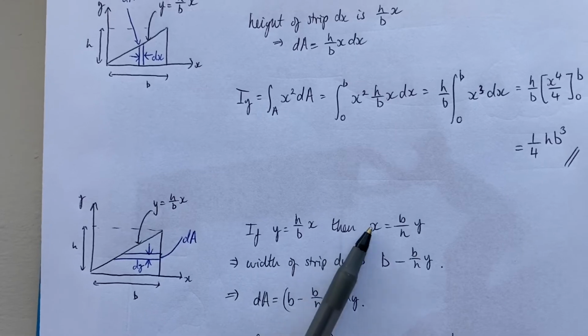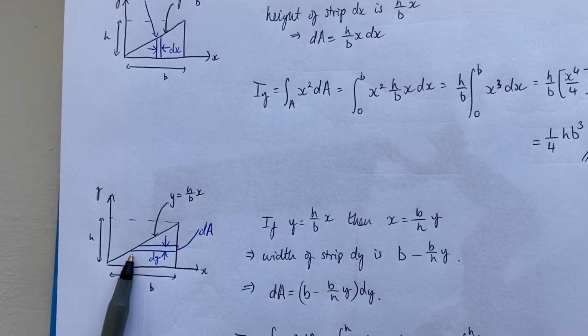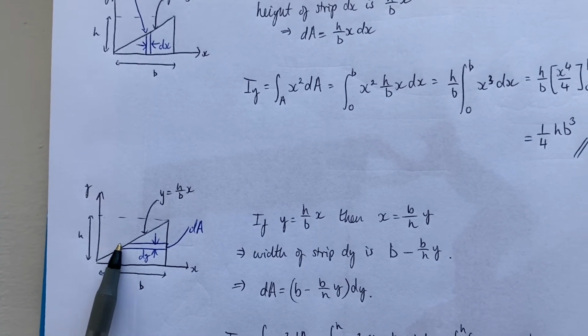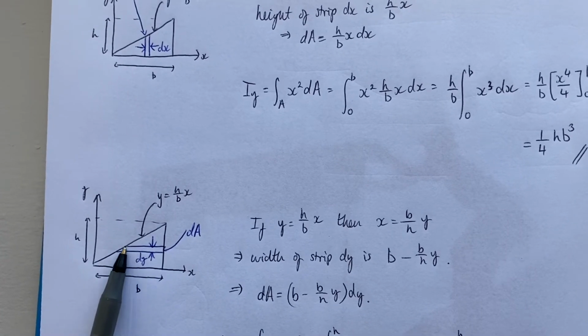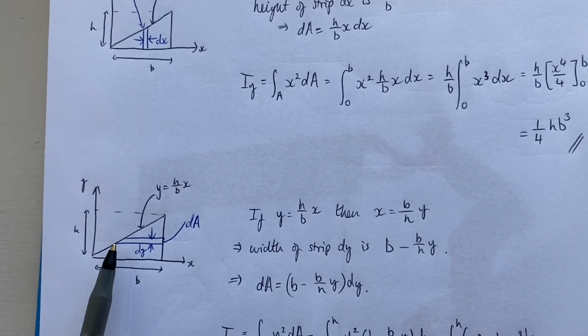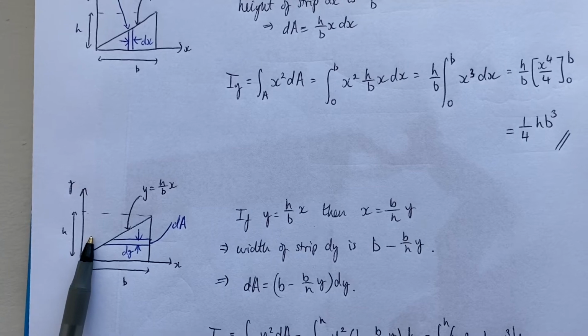But if x equals b over h times y, so for any given x, I'm working out this distance, right? The wrong side of the line. So in order to get this length, or this width, I need to take b and subtract this piece. So hopefully you can all see what's happening there.